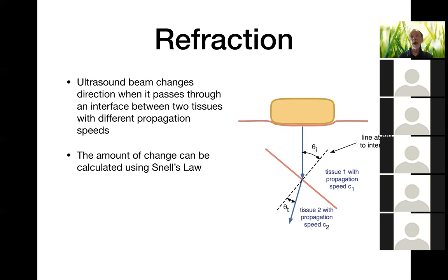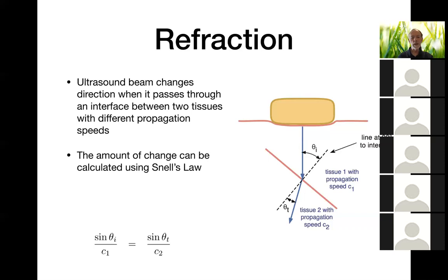How do we determine how much of this refraction occurs? Well, it is determined by this equation down the bottom left, which is called Snell's law. And it says that the sine of the incident angle divided by the propagation speed in that first tissue is equal to the sine of the transmission angle divided by the propagation speed in the second tissue.